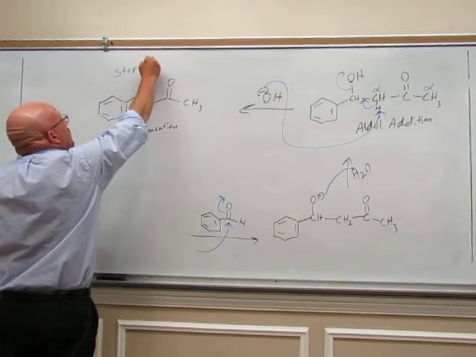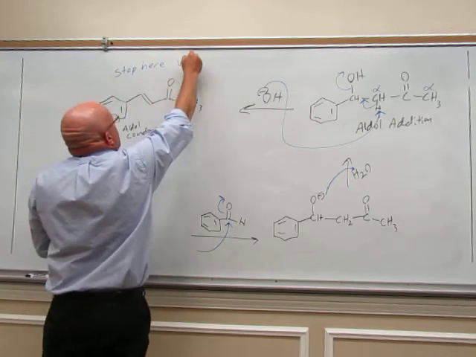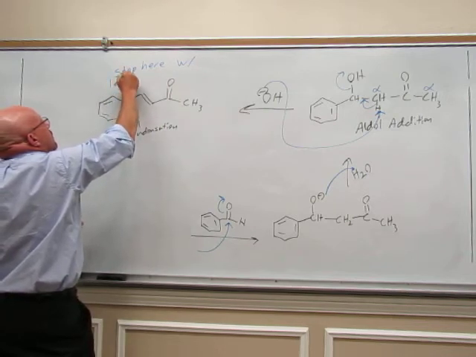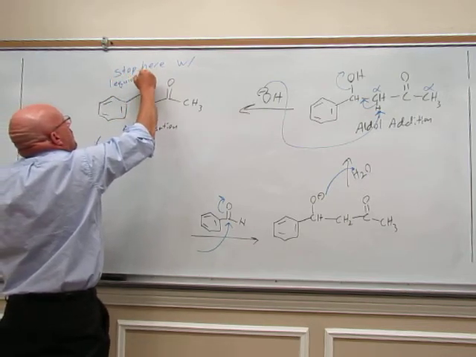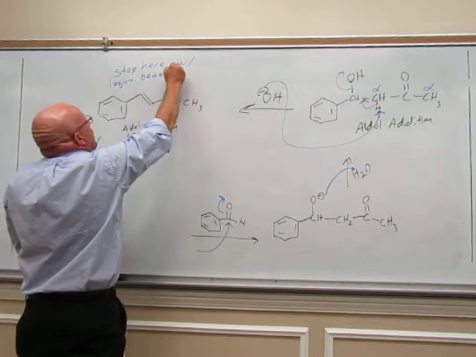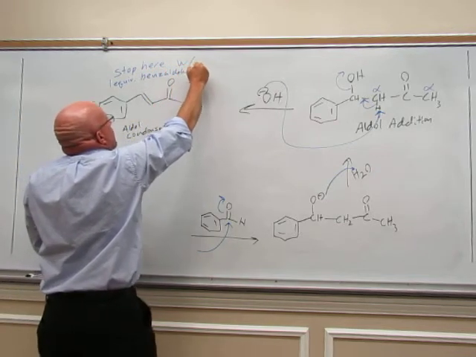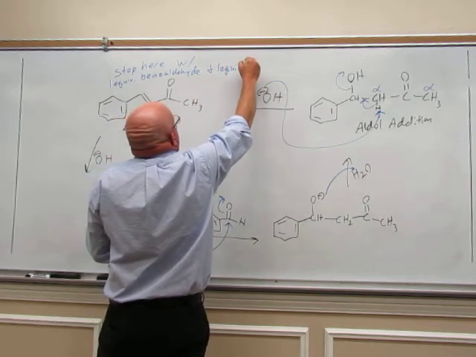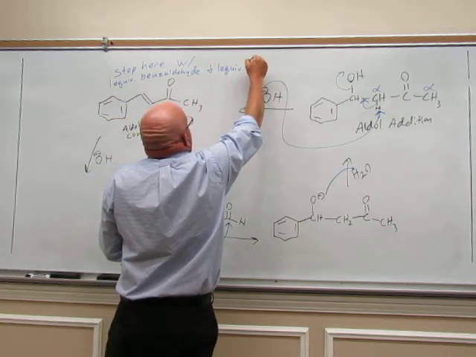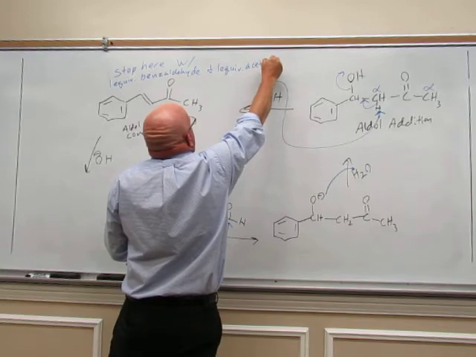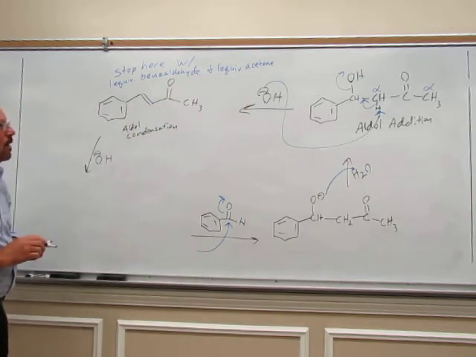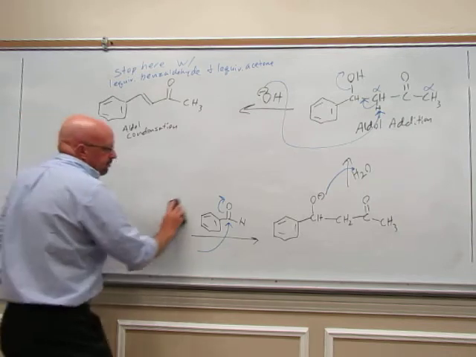Stop here with 1 equivalent benzaldehyde and 1 equivalent acetone. But we had 2 to 1. We had 2 equivalents of benzaldehyde and 1 equivalent of acetone. So this will go ahead and react again.